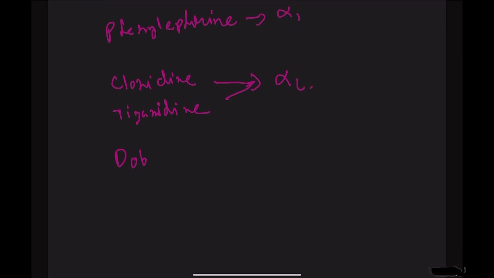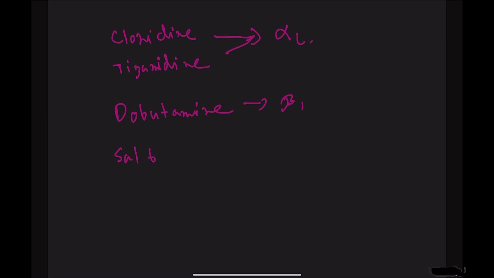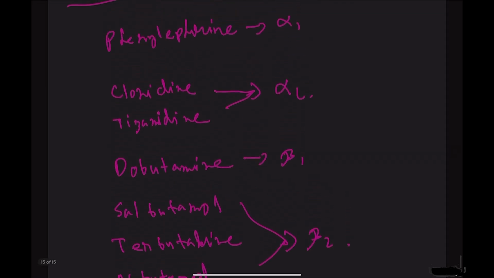We have dobutamine, that is beta-1 selective, and we have salbutamol, terbutaline, albuterol. They are beta-2 selective.